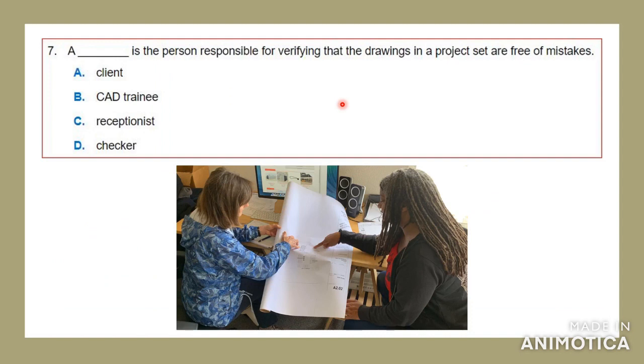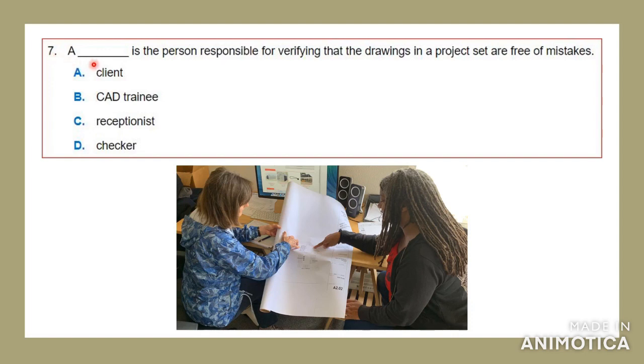Okay, all right, number 7 says a dash is the person responsible for verifying that the drawings in a project set are free of mistakes.